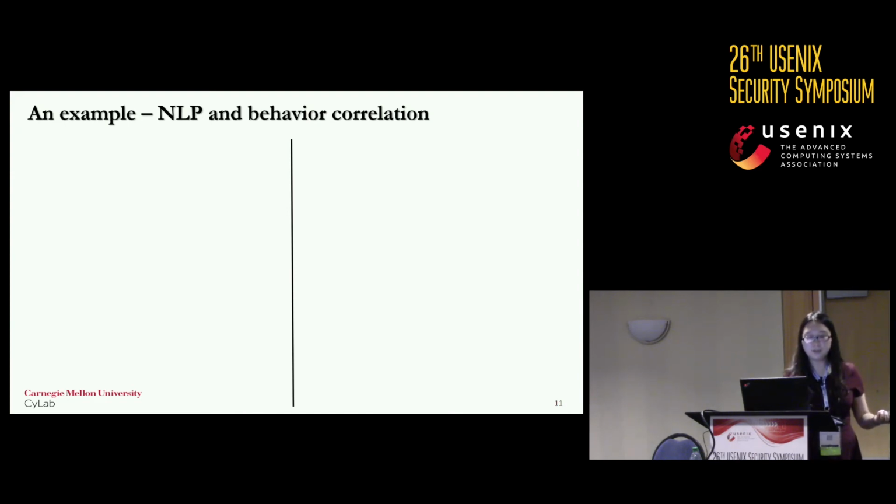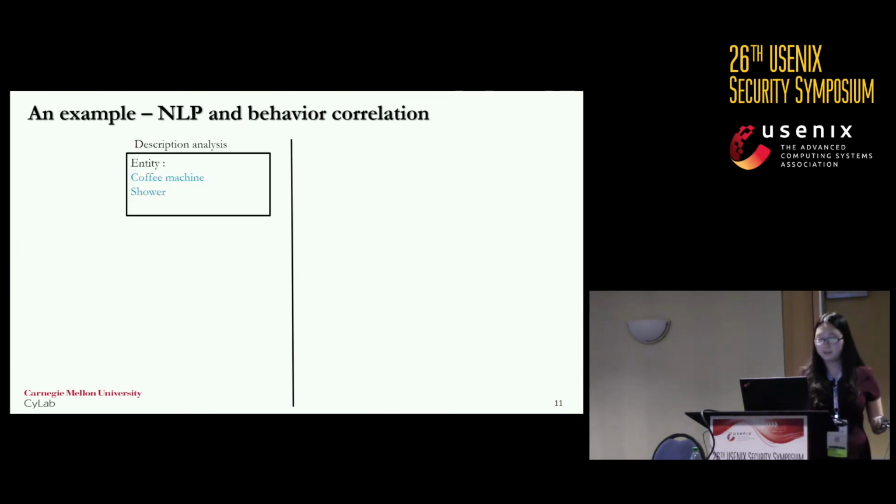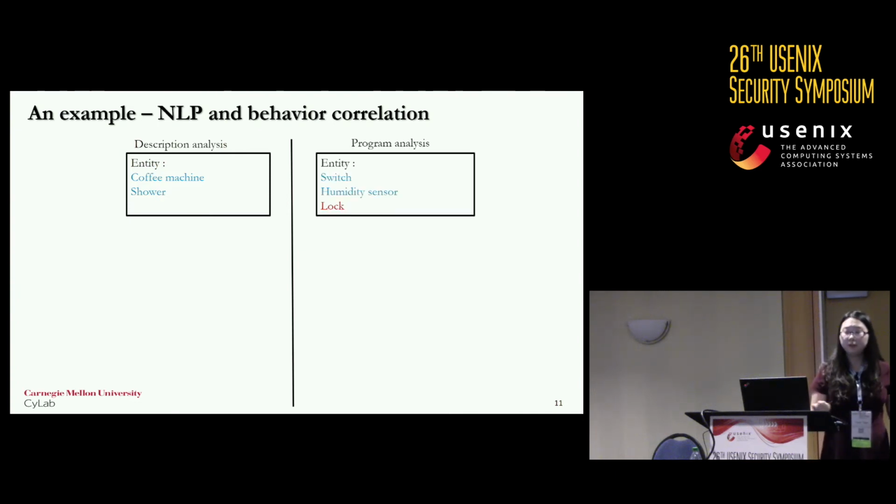So we are talking about one app, which basically tells you that they will provide you a cup of coffee after you take a shower. Through description analysis, we'll understand there are two entities in this app, which are coffee machine and shower. And through program analysis, we generate three entities, which are a switch, a humidity sensor, and a lock.